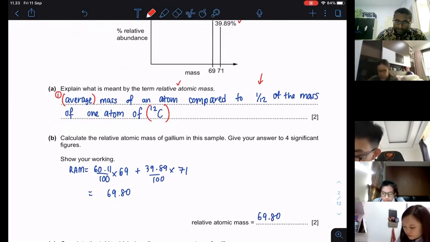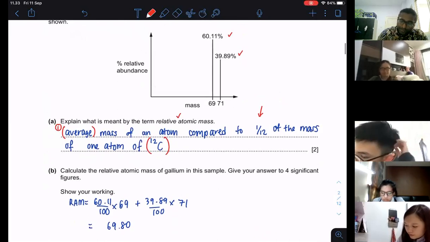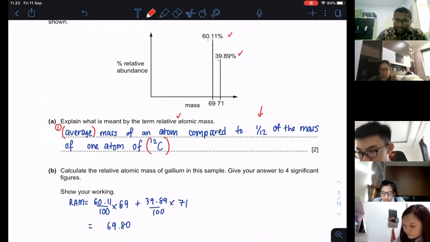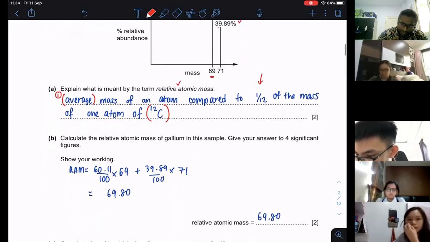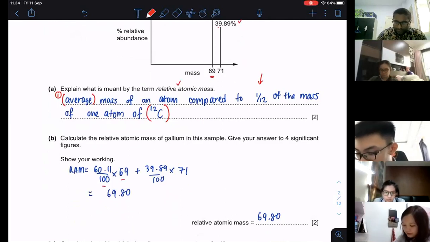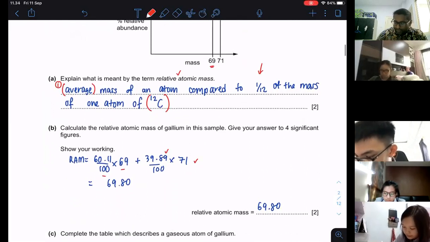Calculate the relative atomic mass of gallium in this sample. So you have a total of 100% over here. What you need to do is take 60.11 over 100 times 69. You just have this calculation, plus 39.89%, times 71.